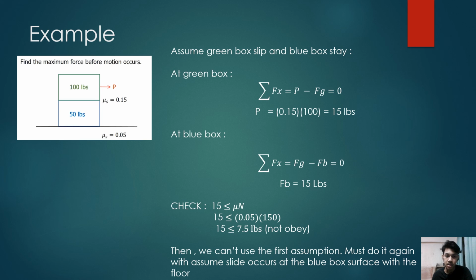Then we got 7.5 pounds. So 15 is bigger than 7.5 pounds, so it does not obey. Then we cannot use the first assumption. We must do it again, assuming slide occurs at the blue box surface with the floor.